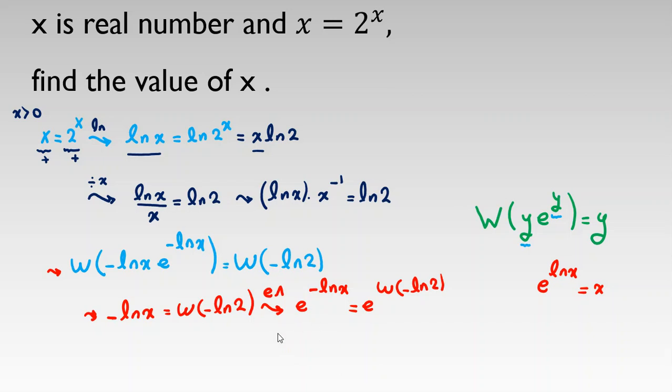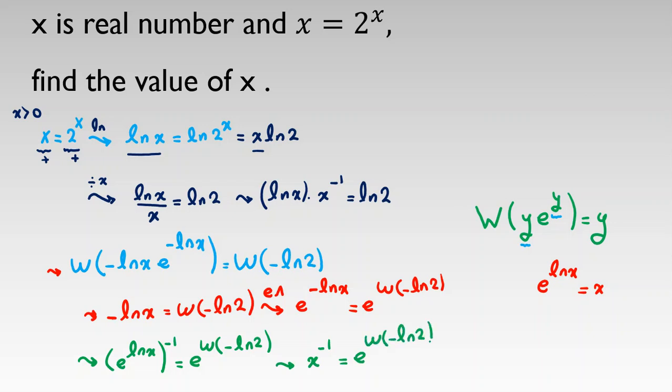The left hand side is e to the power of ln of x, to the power of negative 1, by power rule. The right hand side is e to the power of W of negative ln of 2. So the left hand side, by definition of logarithm, will be x to the power of negative 1 equals e to the power of W of negative ln of 2.